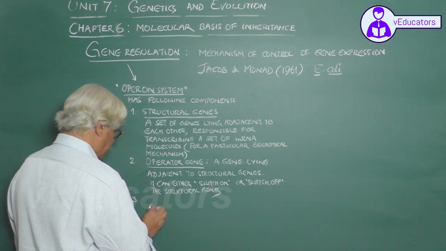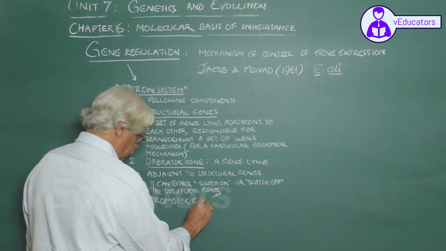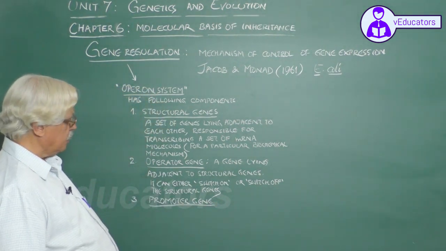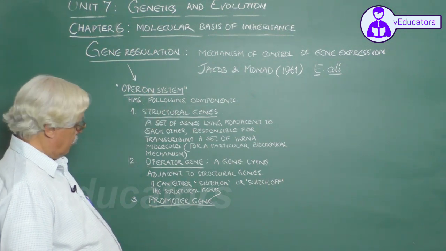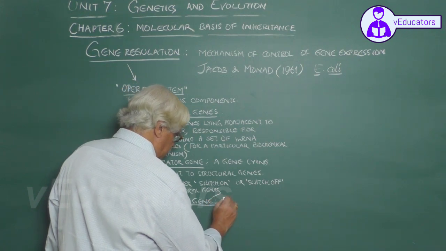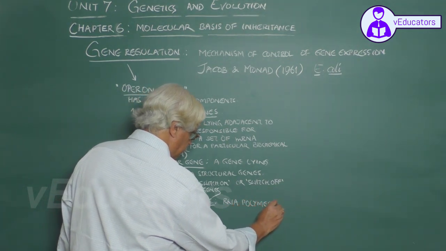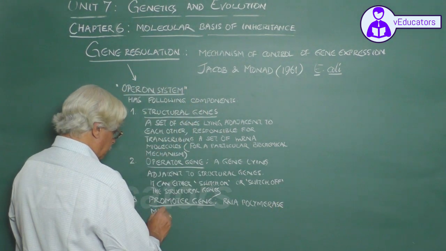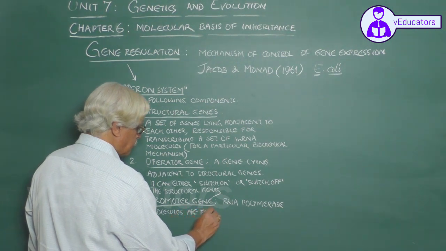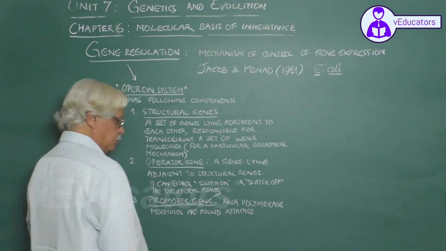Then the promoter gene. This is a gene, a portion of the DNA in the operon, to which RNA polymerase molecules are found attached. Remember, during transcription we have discussed this.